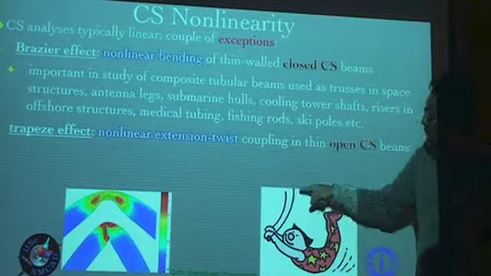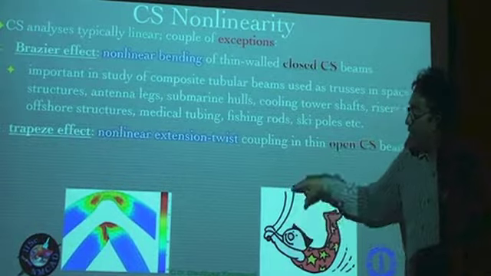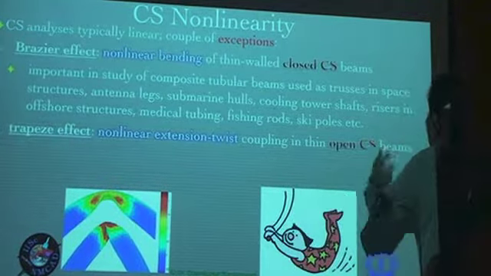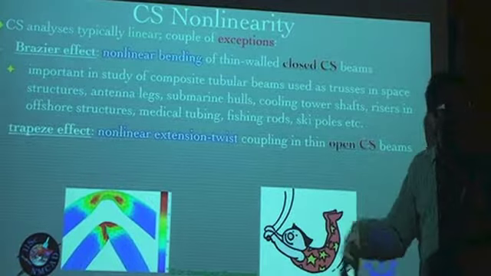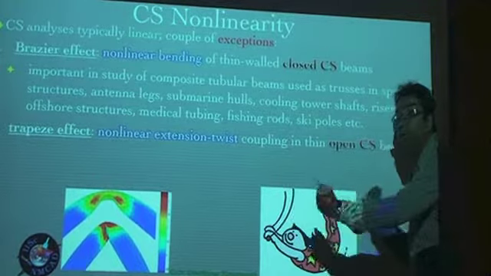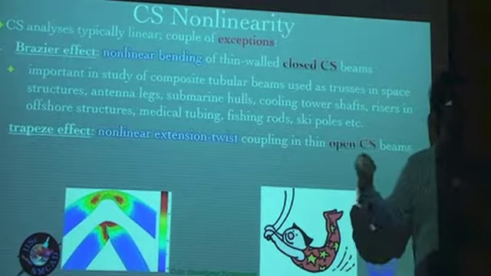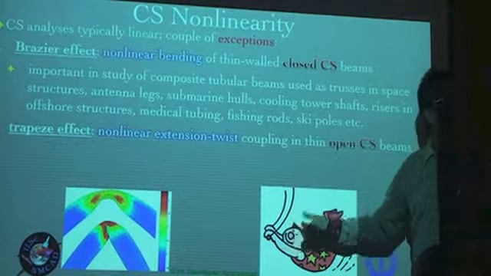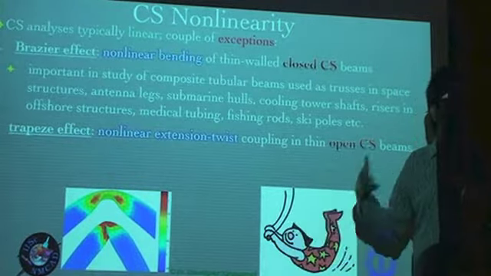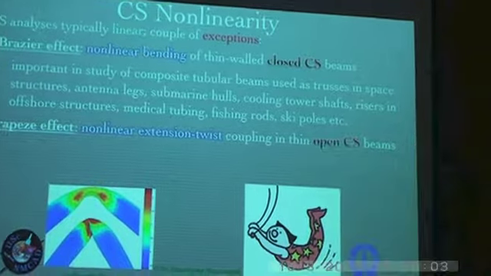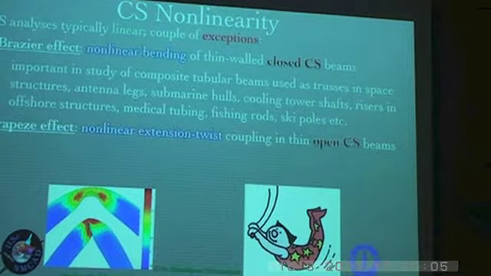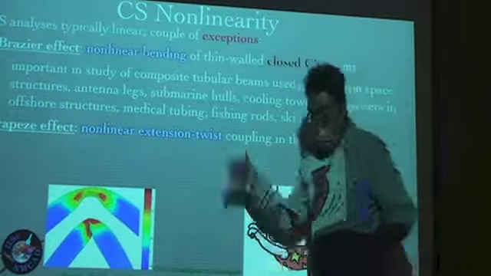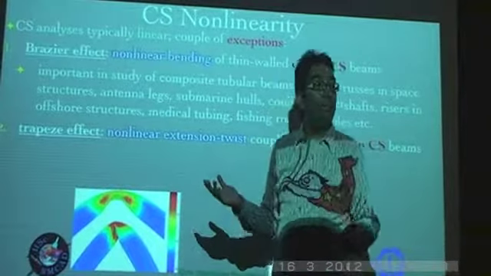Now what is basically happening is that you increase or decrease the tension in these springs by moving your body weight around, and at the same time when you're turning, you're inducing some twist. Now this extension and twist are coupled, and that phenomenon is what is known as the trapeze effect. So now there are some subtle differences between these. Both are cross-sectional nonlinearity examples.